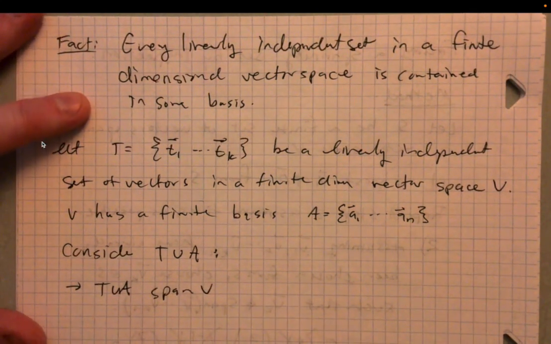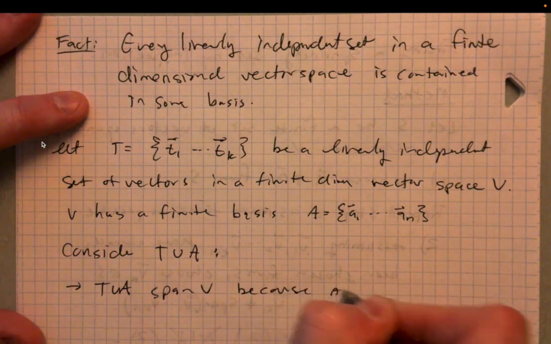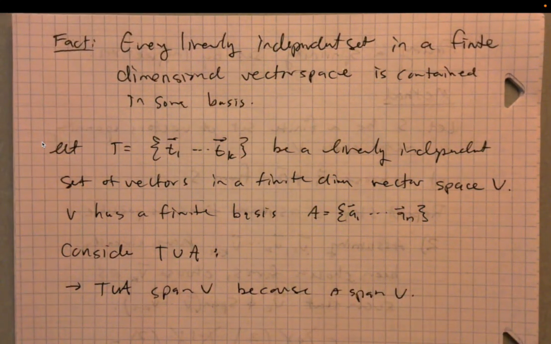Well, it spans V because A spans V. So what we're trying to show here is that this arbitrary linearly independent set from this vector space V is part of some basis. Right? So if I take T and union it with an explicit basis that we know, then we can use that alongside the independence test to identify which additional vectors we need to add to T1 through Tk to get to a basis.